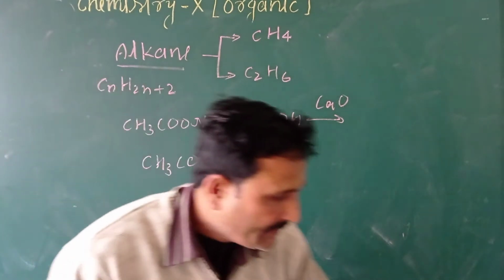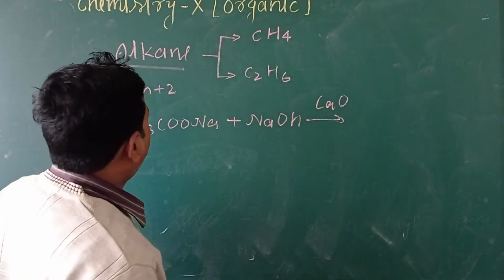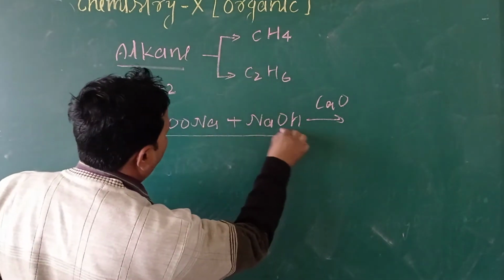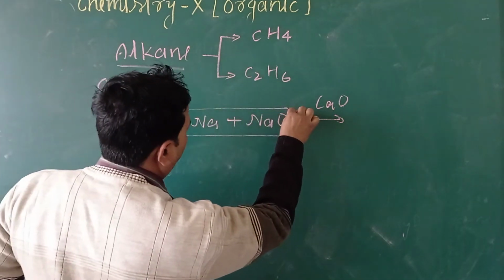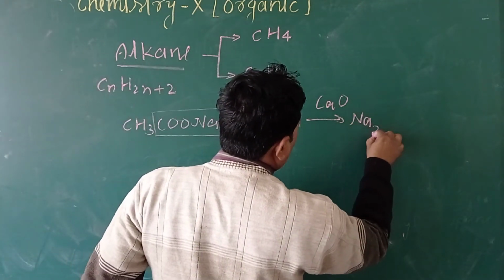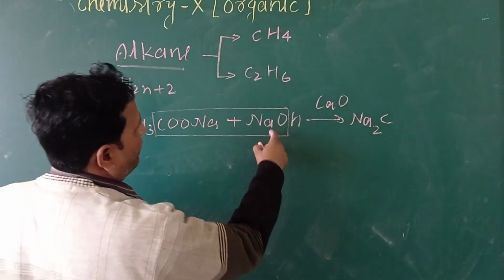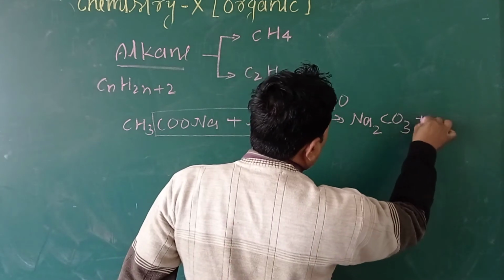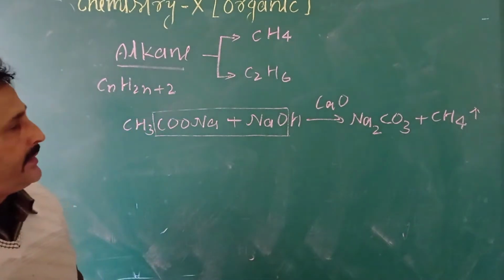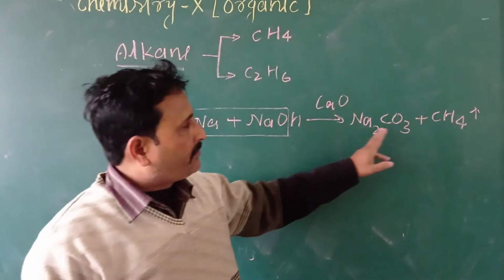When sodium acetate reacts with soda lime, it gives Na2CO3, sodium carbonate (how many oxygen? 1, 2, 3 oxygen), and methane.